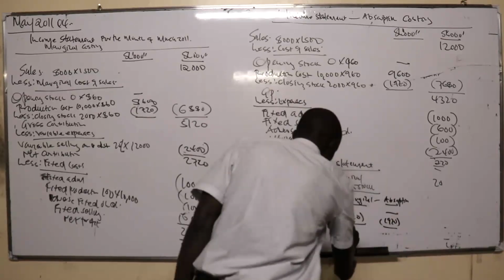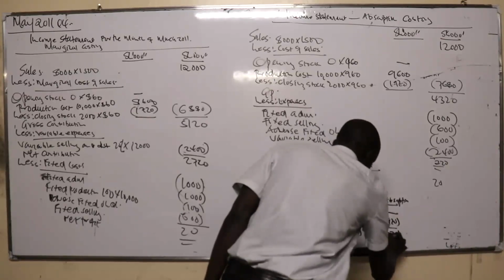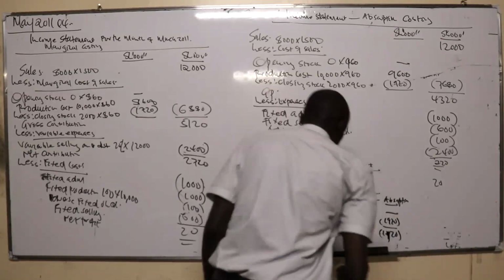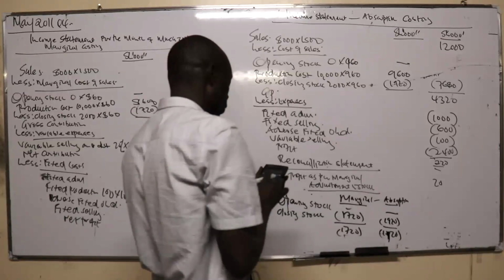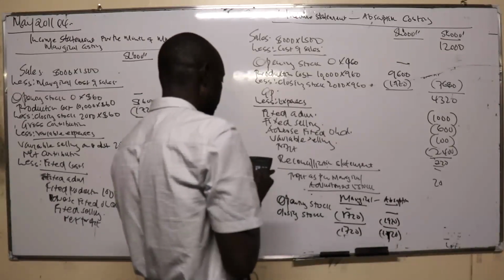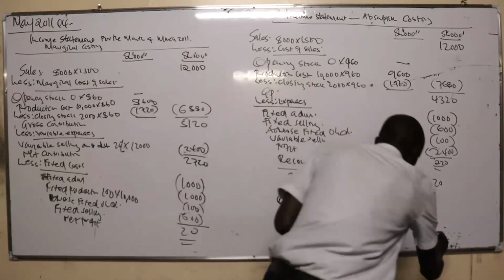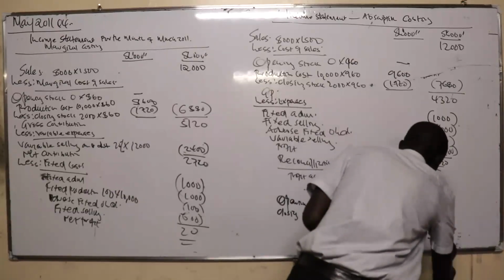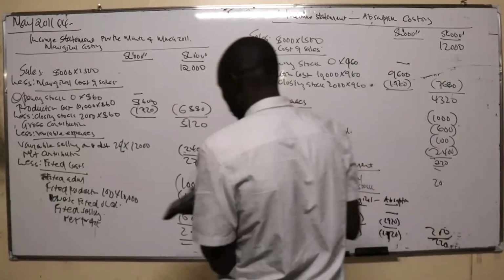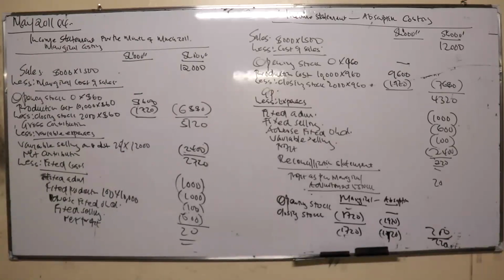So here we'll have negative 1720, and here 1920. So negative 1720 minus negative 1920. So 200 here, you add 200 positive, get 220 profit as per absorption costing. So that one is how we undertake those questions.